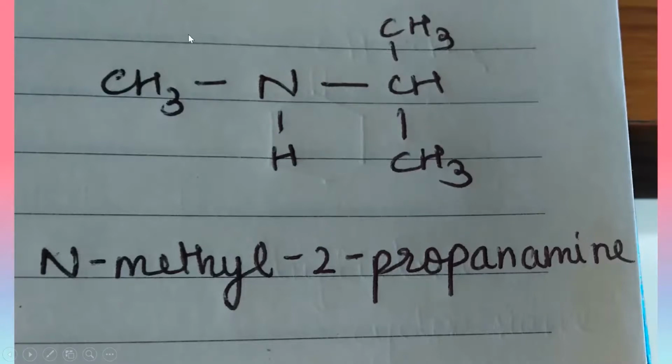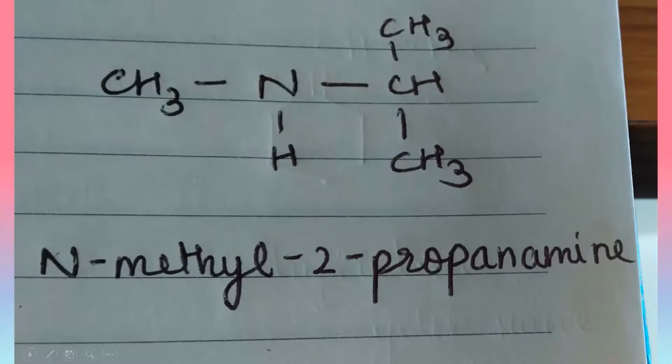The substituent present on the amine here is a methyl group, so it is a secondary amine. And this nitrogen here is attached to the second carbon of the parent chain. So the naming here goes as N-methyl-2-propanamine.